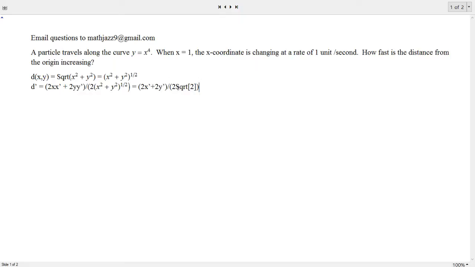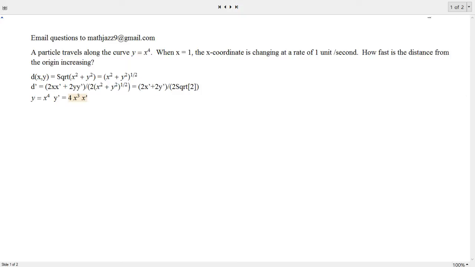Now we know one other thing. If we look at our original equation, we know that y equals x to the 4th. But that means that y prime is equal to 4x cubed times x prime.